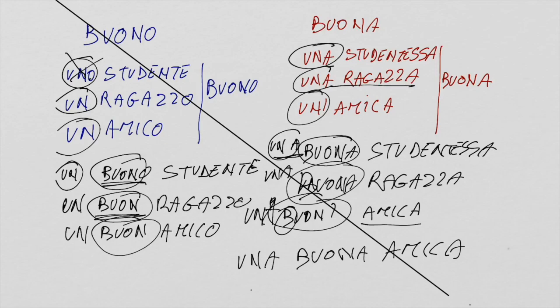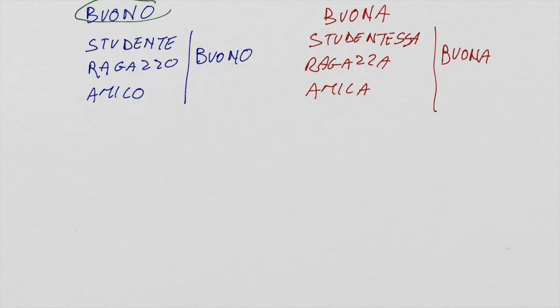Ecco, Chiara. The adjective buono and the feminine equivalent buona can be placed regularly after the noun, or they can be placed in front of a noun. And as you know, the meaning is changing a little.